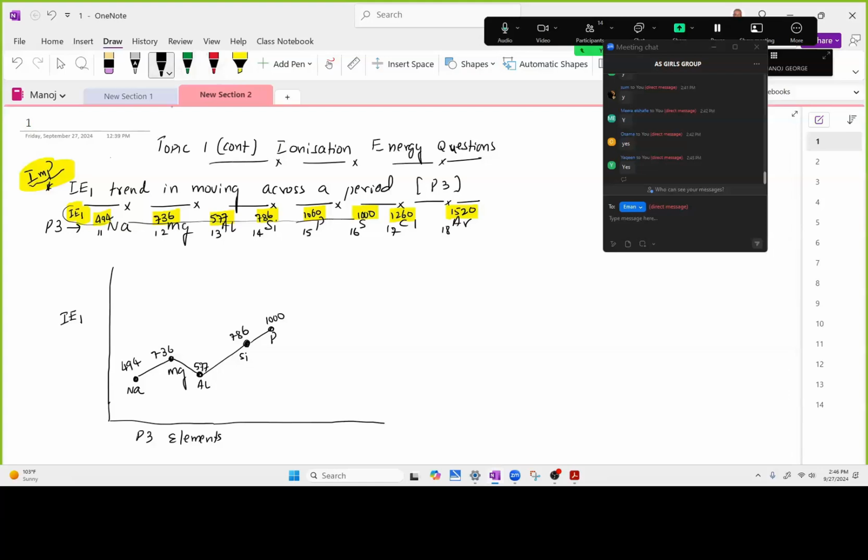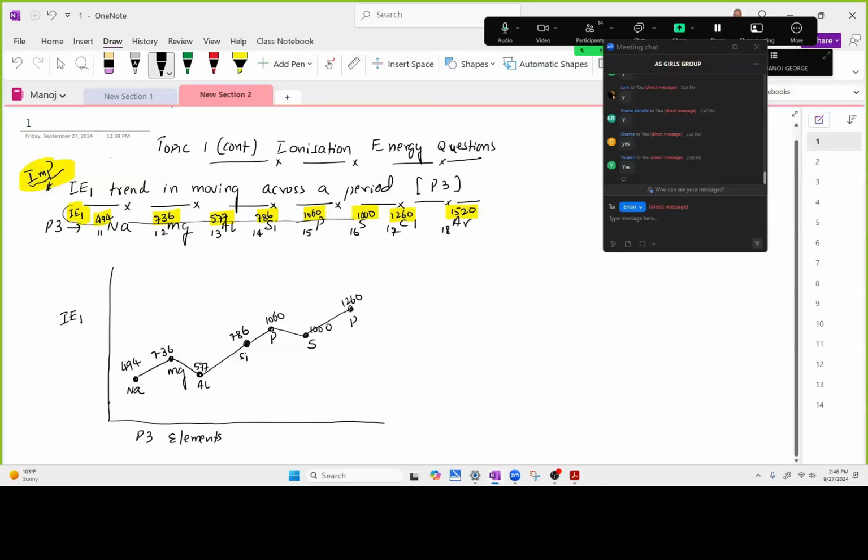So if sulfur is 1000 and phosphorus is 1060, we are coming slightly down here. This is 1000 for sulfur, slightly less. After sulfur, chlorine is 1260. It's actually a bit more, so we are going up again. This is 1260 for chlorine.